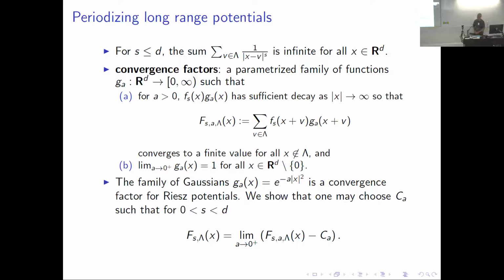When you have long range potentials, for example, for s less than or equal to d, there are a variety of ways, and many of the people in this room know more about all the different ways to subtract off the infinity that's coming from the non-convergence of these series. The way we like to do it, and we're not original, but it's often done in physics this way, is using convergence factors.